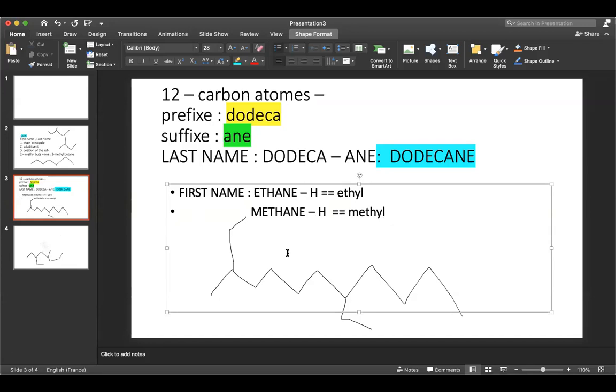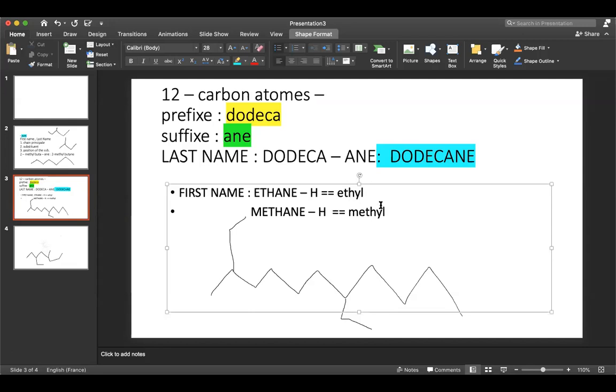Now, rule number 4 states that we are supposed to look at its position in the alphabet. This one is a simple SP1, special paper 1. Which one comes first in the alphabet? Ethyl, methyl. Exactly. Ethyl. E comes first.